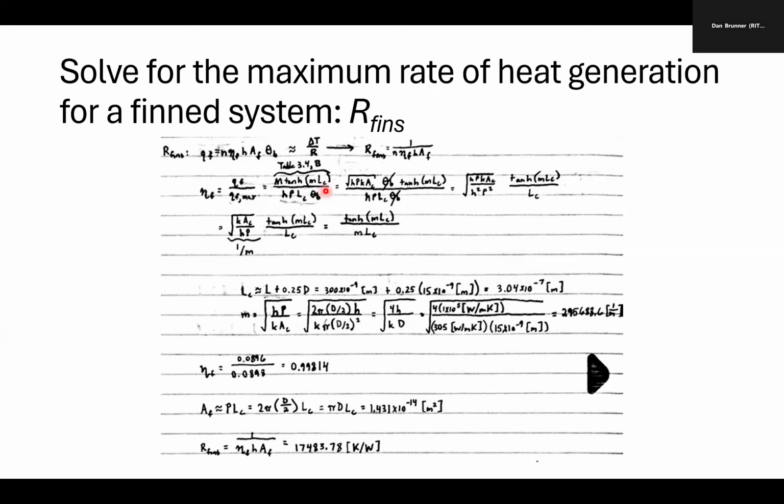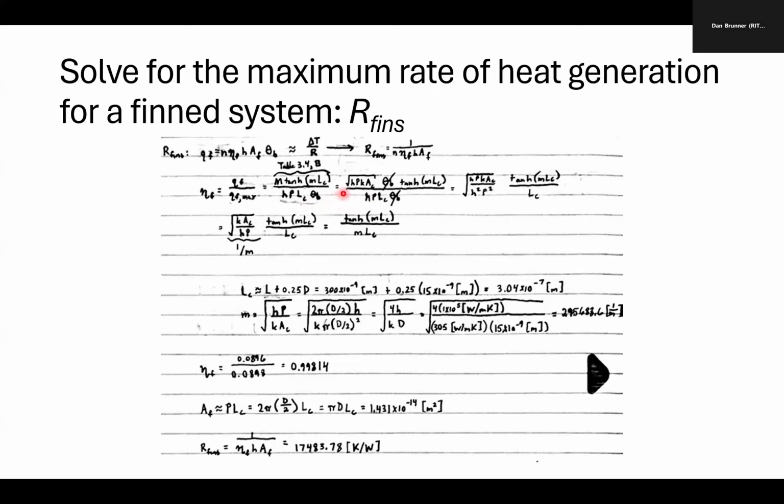And then the maximum possible heat transfer rate is equal to the convection coefficient times the perimeter of the cross-sectional area of the fins times the characteristic length times this theta b term. And so now we can do some rearranging and some substitution to be able to simplify this down to a more usable equation for our fin efficiency.